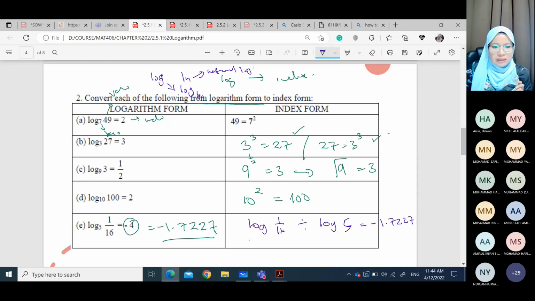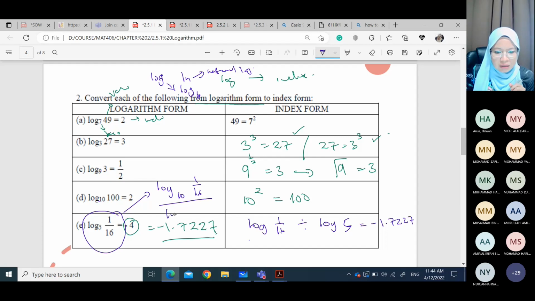Okay, log 10. Bila ditukarkan, kaedah yang tadi tu dia tukarkan semua ke dalam log base 10. Kita change log base 5 to log base 10, the value is log 1/16 divided by log 5.